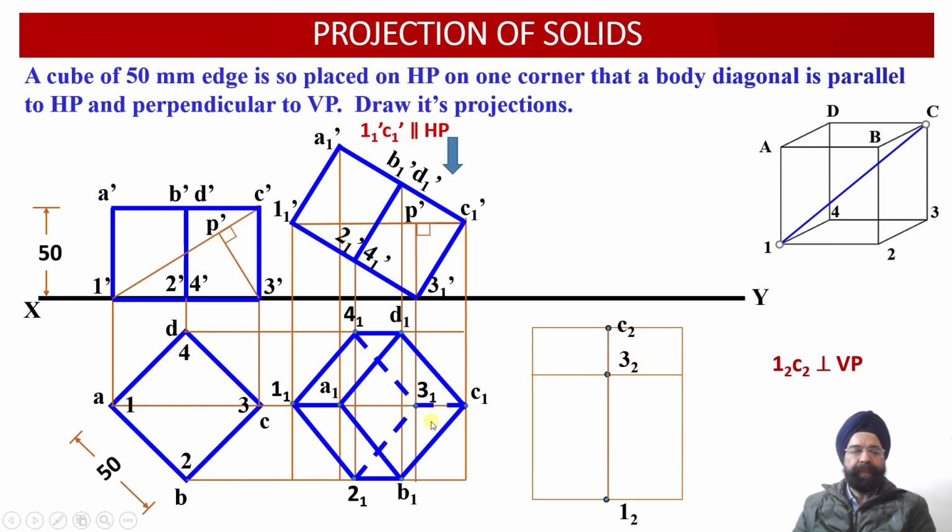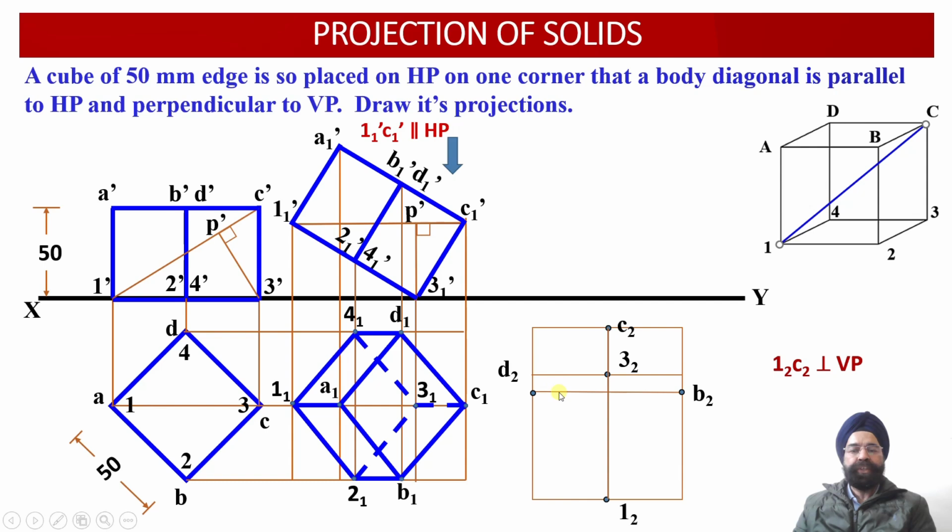Similarly, from 3,1 we measure this distance. Please check. We measure this distance from 3,1 or we measure this distance from C1. Either way around. Either you measure this distance from C1 or you measure this distance from 3,1.